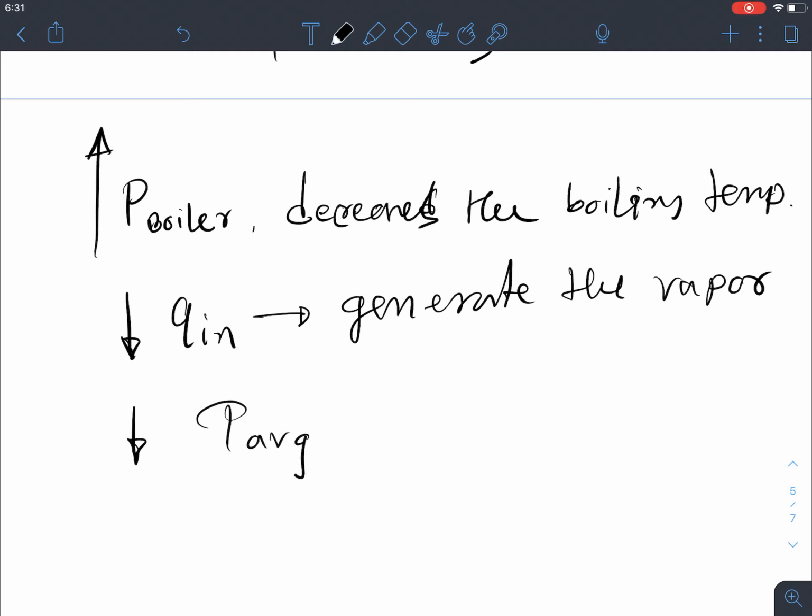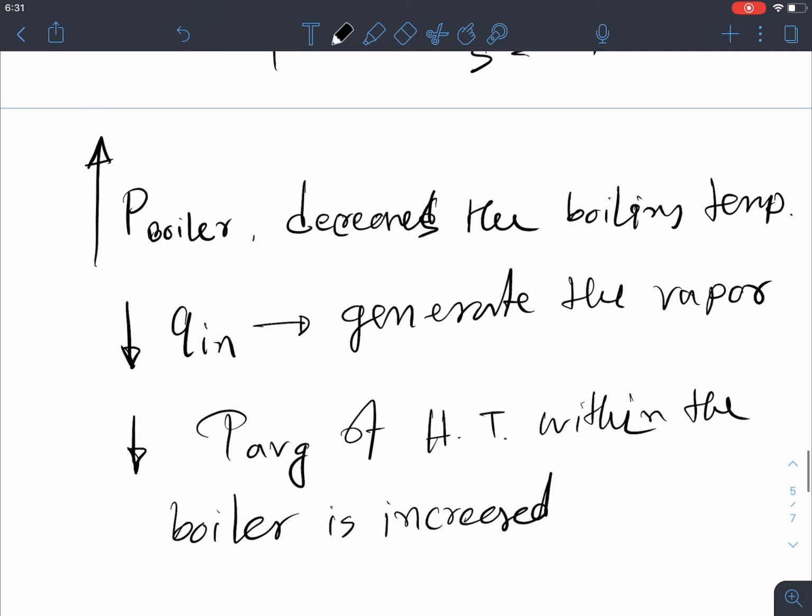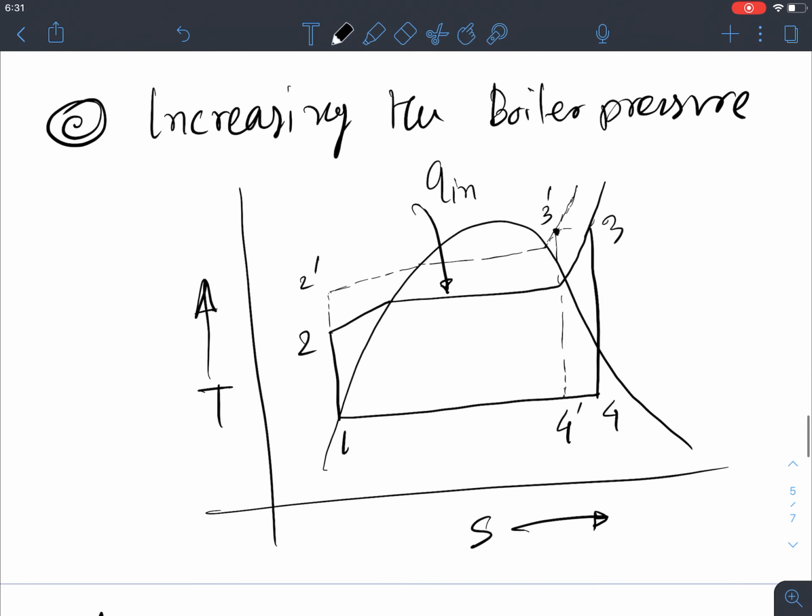So thus the T average, the average heat transfer temperature within the boiler, is increased, right? How is the T average increased?